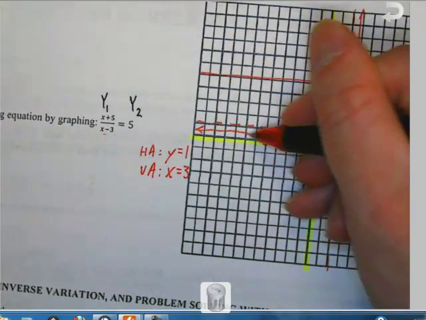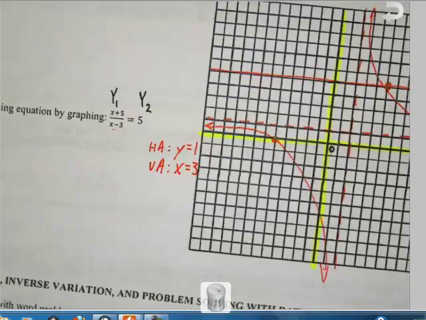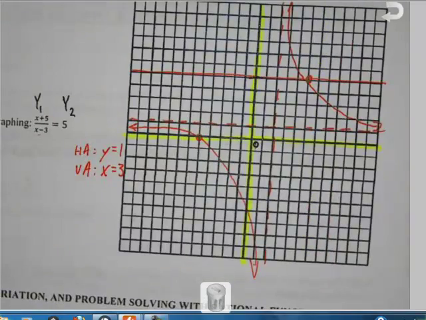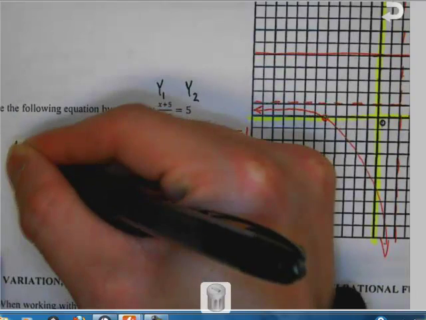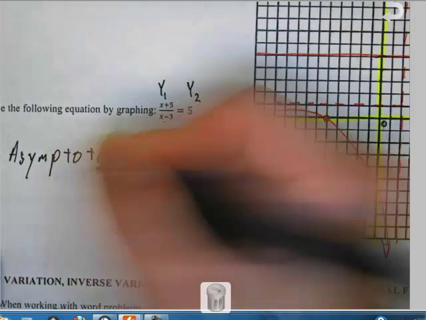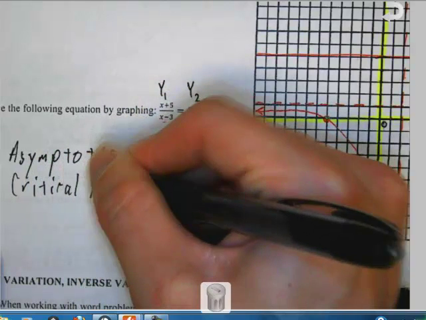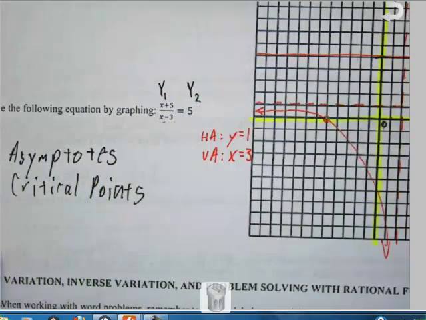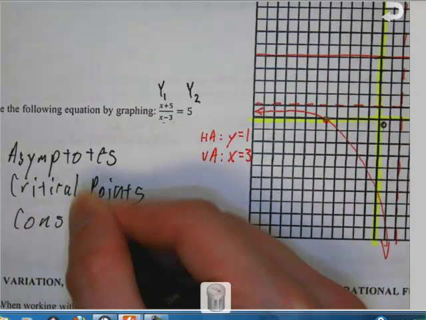With those critical points, you can sketch a rough outline of your rational function. The important thing when you're graphing is that you need to have your asymptotes, your critical points, and in this case you will also need your constant line. So your y is equal to 5 is your constant line.